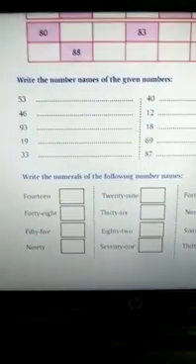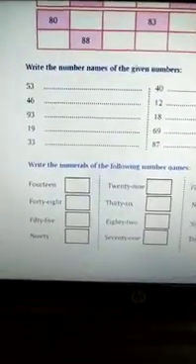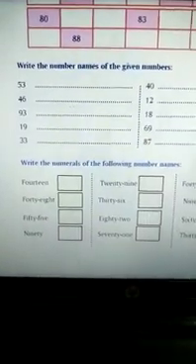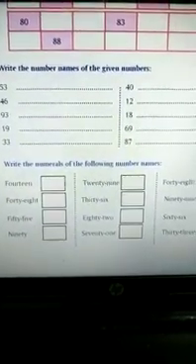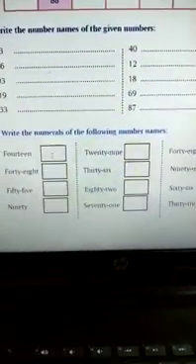The next question is write the numerals of the following number names. Here is the number name given. You have to write in a digit form. So first one is 14. I'll show you. So we have to write in digit like here 14.